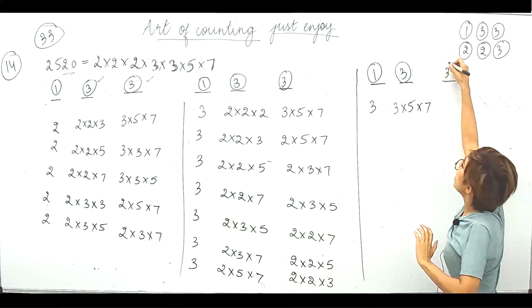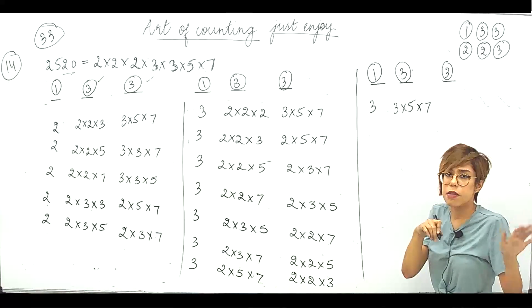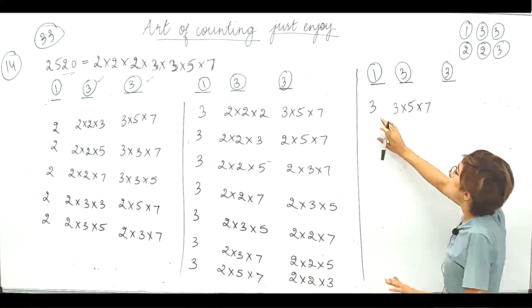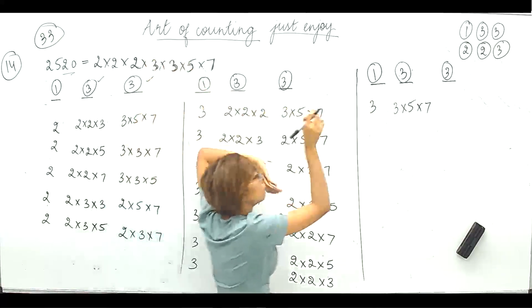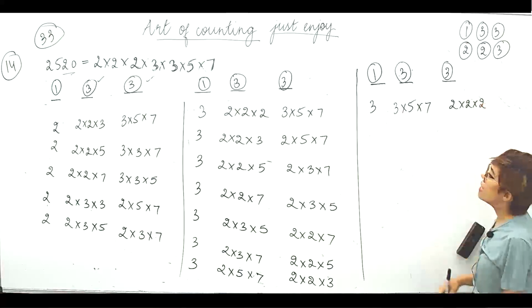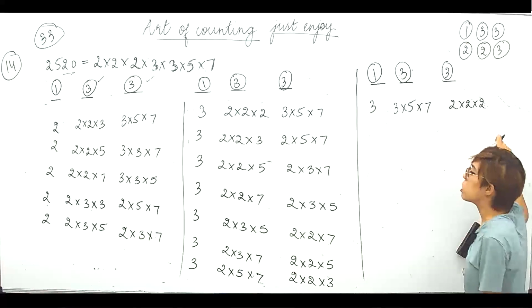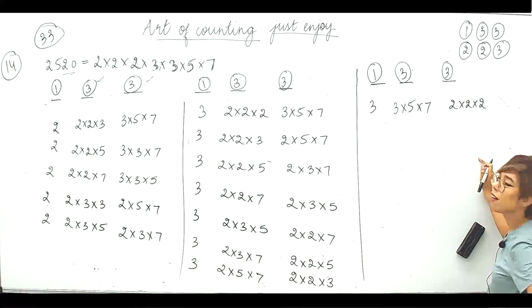Or maybe if you want to write it, you can write it, अगर you can cancel out the repeated part, that's absolutely fine. So 3 into 5 into 7, क्या बच गया मेरे पास? 2 into 2 into 2. Interesting. Right? Next तुम लिखोगे फिर repetition है. In fact इसमें भी कुछ repetition है अभी, वो भी check करना पड़ेगा.